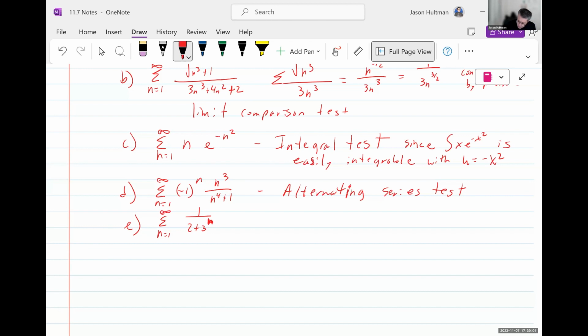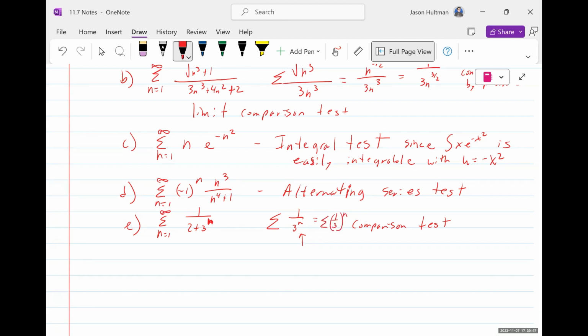Well, if we had 1 over 3 to the n, aren't all the terms of this less than that? So we could do a basic comparison test on this. But then how do we know that this is convergent? Any ideas? What if I rewrote it a little differently?